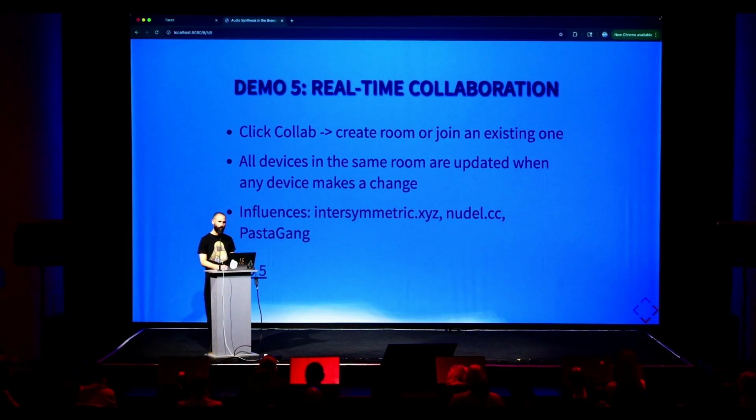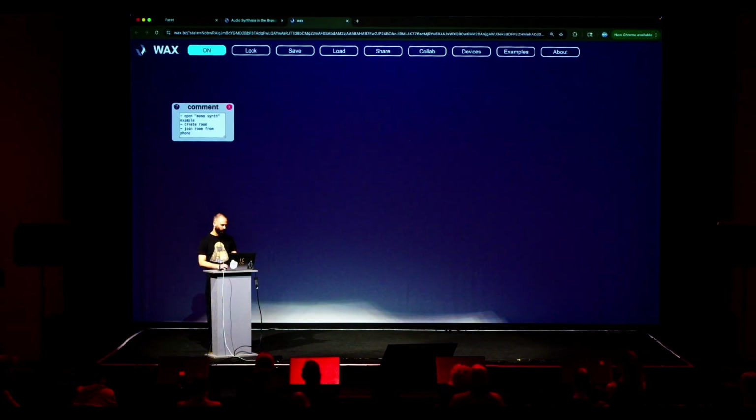There's this group of people that do this work under the name Pasta Gang, who are dispersed throughout the world, but they will play DJ sets in real spaces. I find this sort of real-time collaboration to be really interesting because, again, what can the internet do? What are the fun things that we can do with the internet? So I'm just going to do a very simple, quick demo with that now.